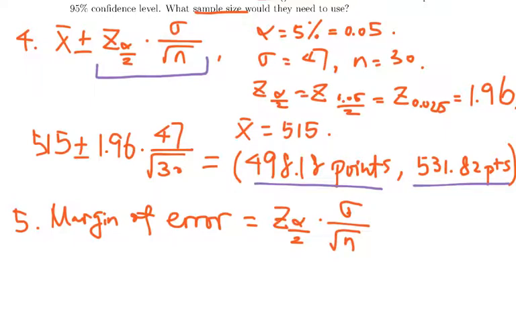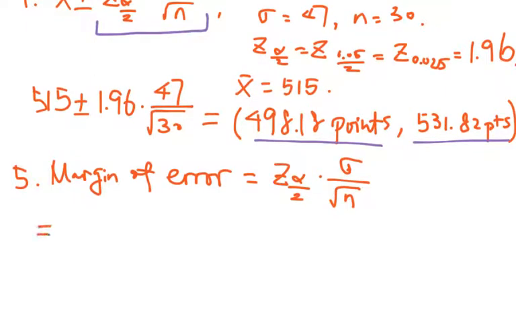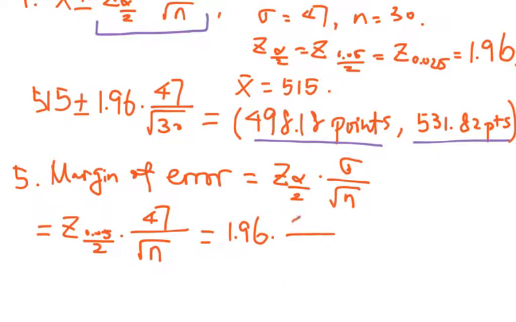If we plug in the numbers, we have z sub 0.05 over 2 times 47, which is sigma, over square root of n, where n is the unknown quantity we want to determine. And z sub 0.05 over 2 is 1.96, so it is 1.96 times 47 divided by root n.